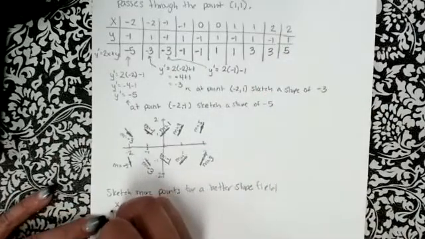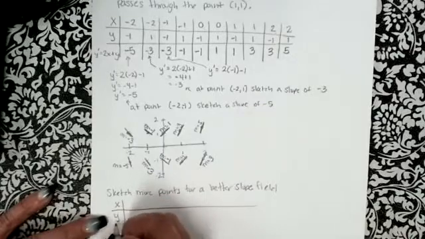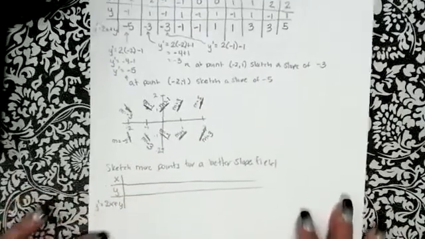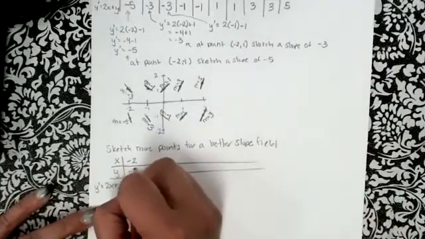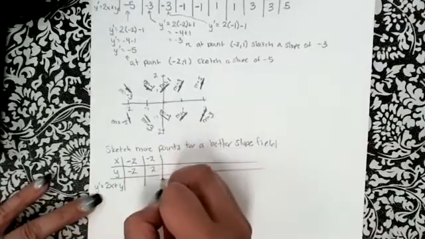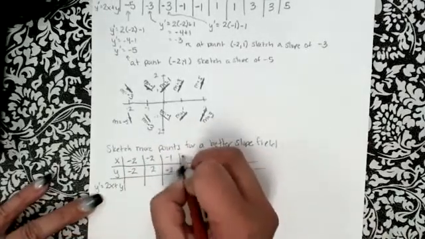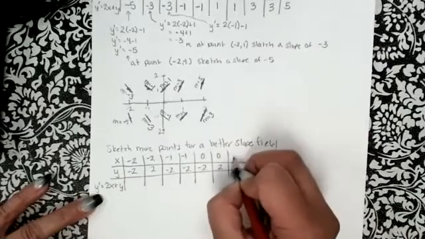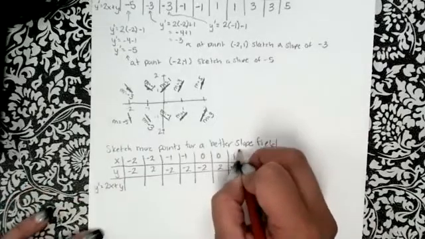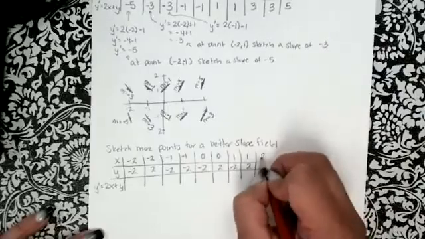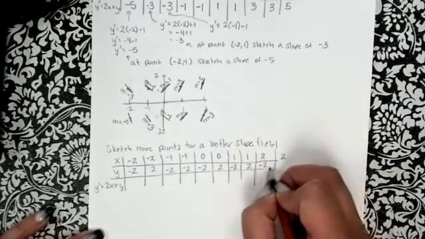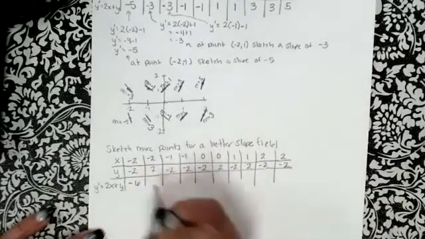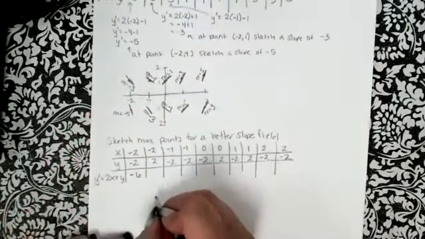So I'm going to graph a couple more. So if I plug in -2, -2, I end up getting a -6. Let me graph all these.